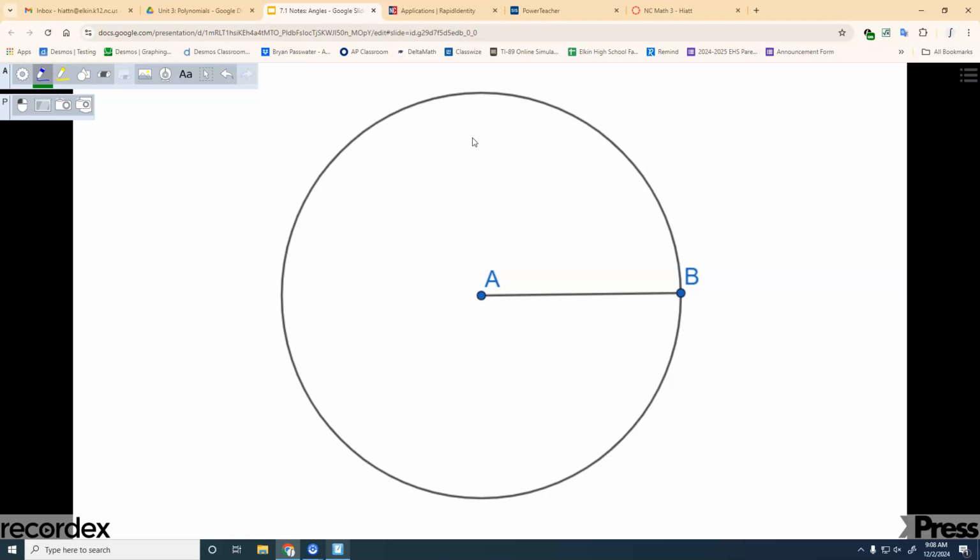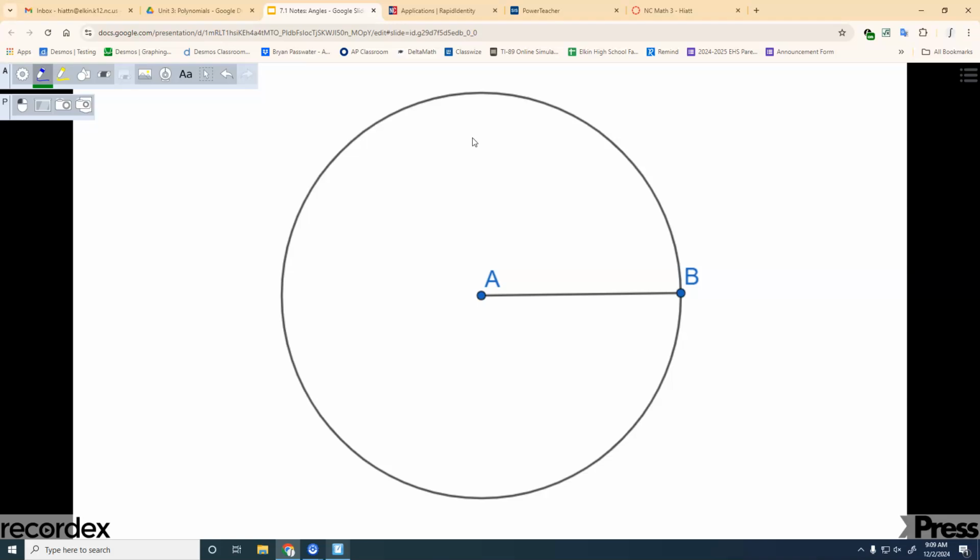Very small in the width. Okay. All right. So you are going to take your monkey string, and I need you to take a piece, okay, and you are going to measure the length of your radius. In fact, let me do this. I'll show you what I'm talking about on the document here.